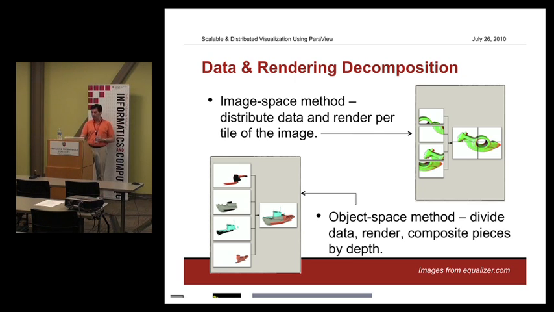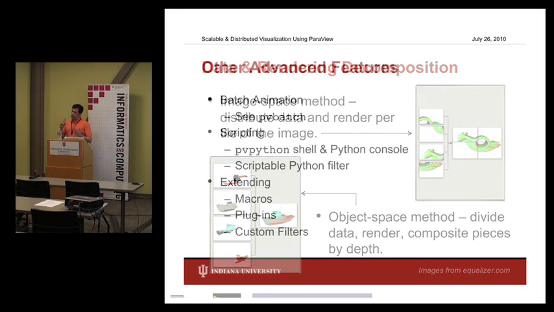Or do you divide things up in image space, as we're showing over there on the right, so everybody's got a copy of the same data, but they're only rendering various parts of the screen for that particular time step. And so you'll see these multicolored images, and they're trying to show you how that's distributed over the various nodes on the back end, or they'll do the same thing for the screen tiles as well.